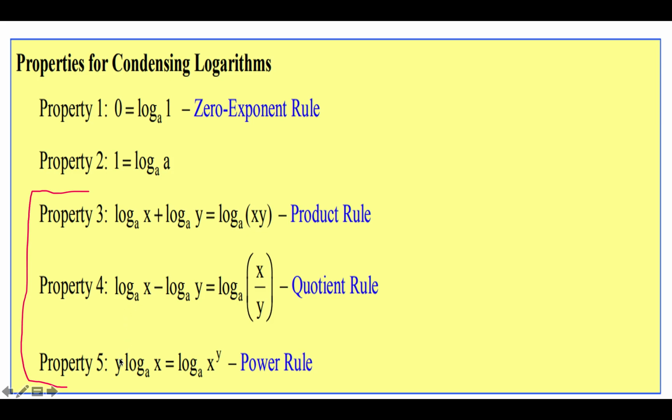When you have the number in front of log, that means you originally had an exponent in the original problem. So to simplify it, all we're going to do is bring that exponent back into the front. So now our simplified answer is log base a of x to the y power.